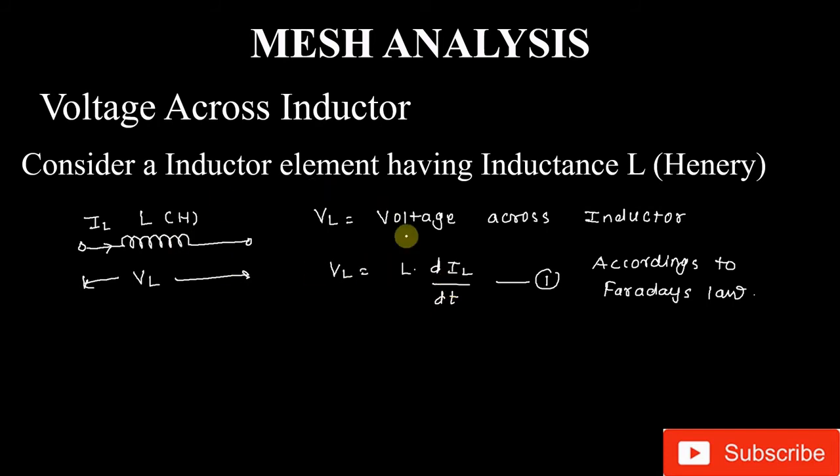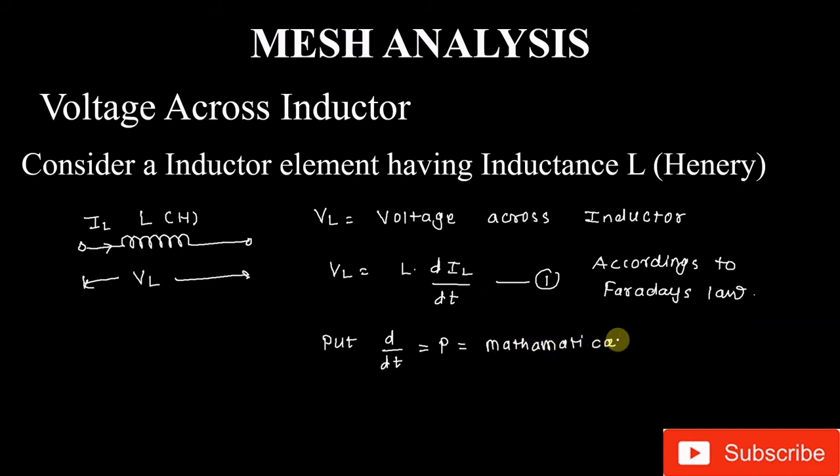Here you can see that we have one term, d by dt. We will substitute that to get the proper answer. So put d by dt equal to p. I will say this p is a mathematical operator.